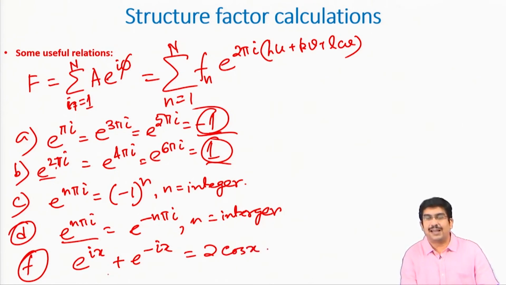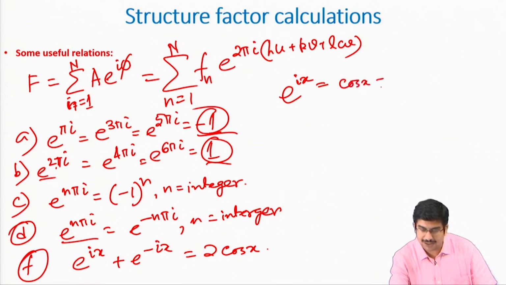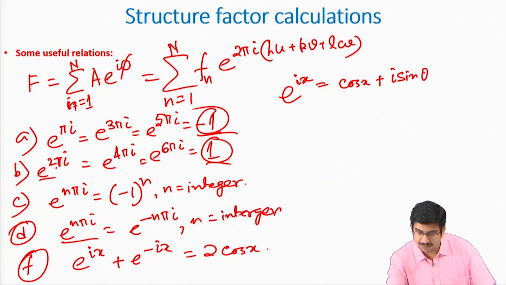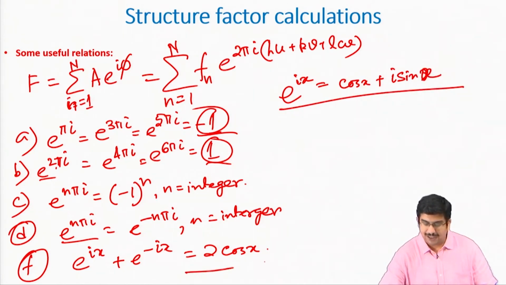If you remember, e to the i x is expressed as cos x plus i sin x. This is how complex numbers are expressed. So, if you add them up, you will get the same. These are very useful relationships that we will use while deriving the structure factor for various crystal systems.